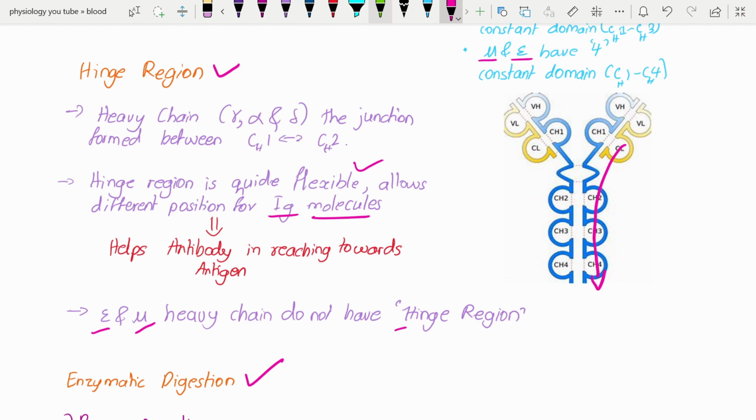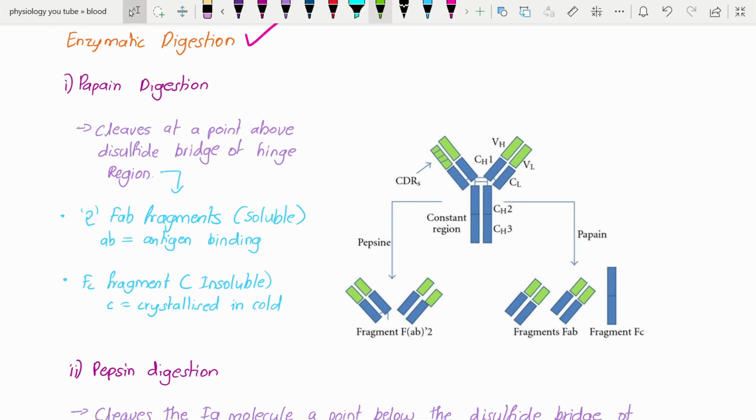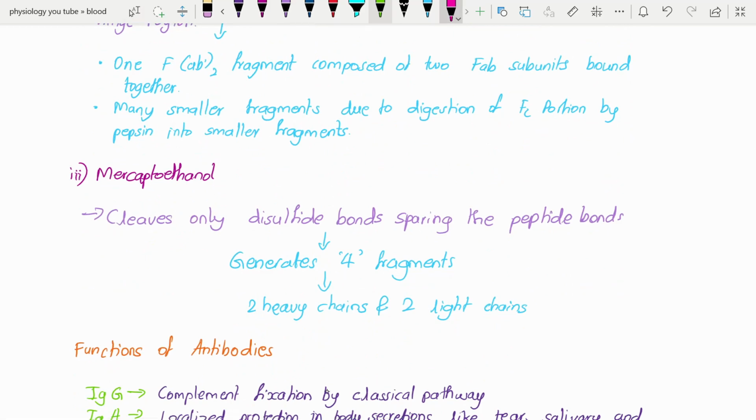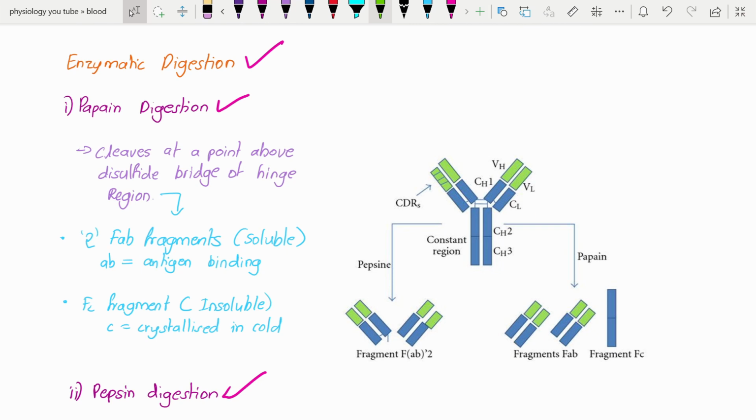So, enzymatic digestion. We have three different types of digestion. As you know, an antibody is nothing but a peptide chain, so it can be digested by various enzymes. We have papain digestion, pepsin digestion, and mercaptoethanol digestion. Papain digestion involves cleavage just above the hinge region, where the disulfide bridges are below it and not involved.